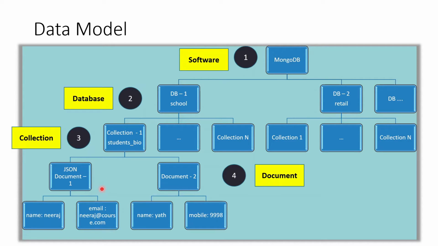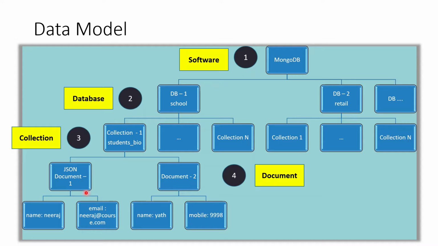For example, inside this student bio, we have two documents: document 1 with values like name equal to Neeraj and an email, and document 2 with another name, and this row does not have an email. In the same way, the first row does not have a mobile mentioned in it.